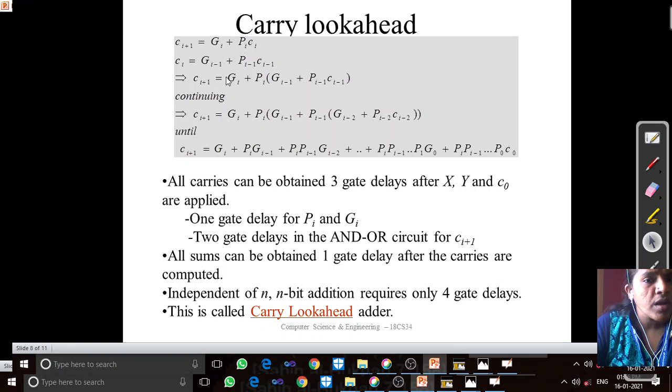If you keep on substituting, what you get is Ci plus 1. So substitute for C0: C1 is G0 plus P0 C0. Similarly for C2, when we substitute i equal to 1, what you get here, I'll try to do this.